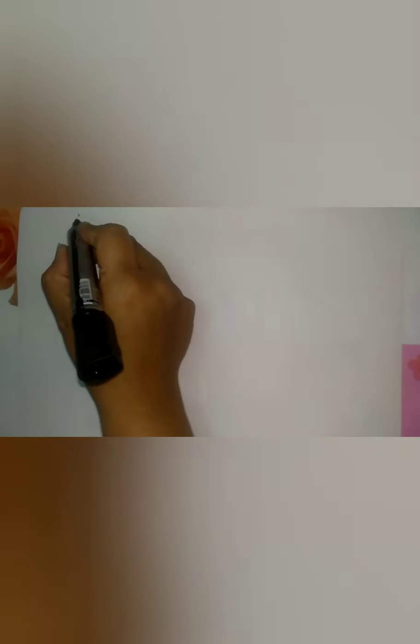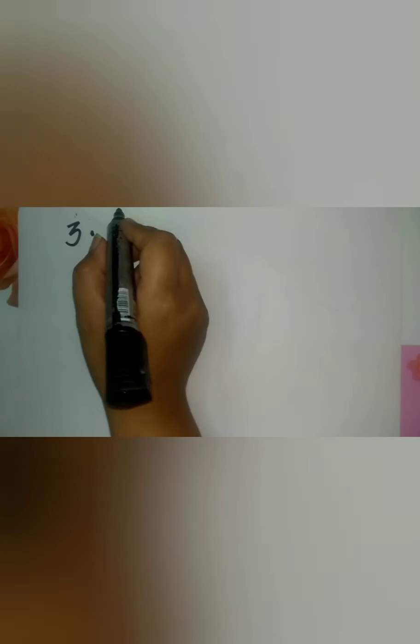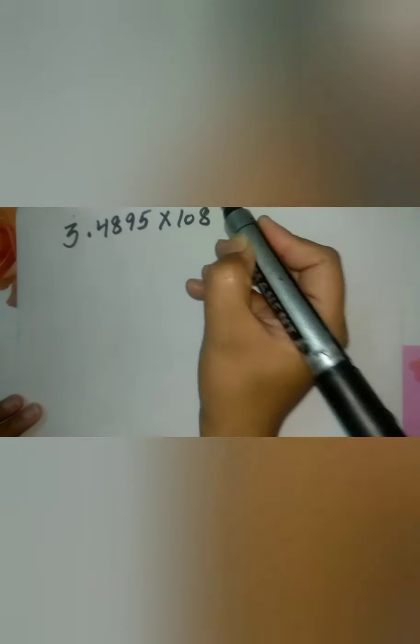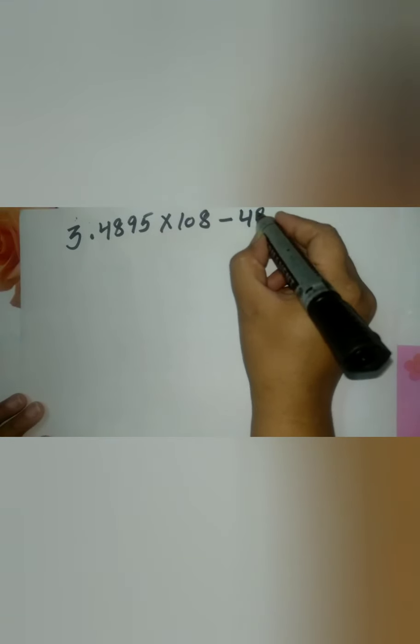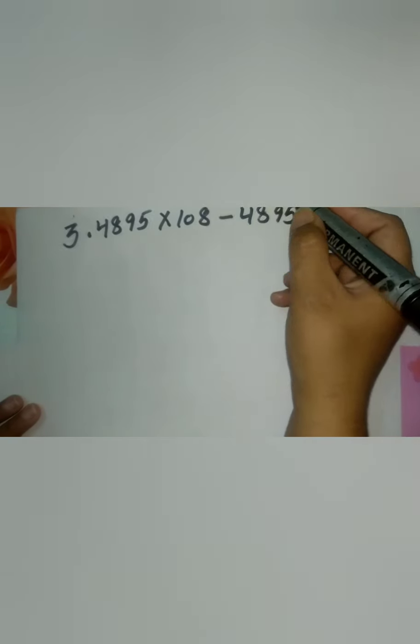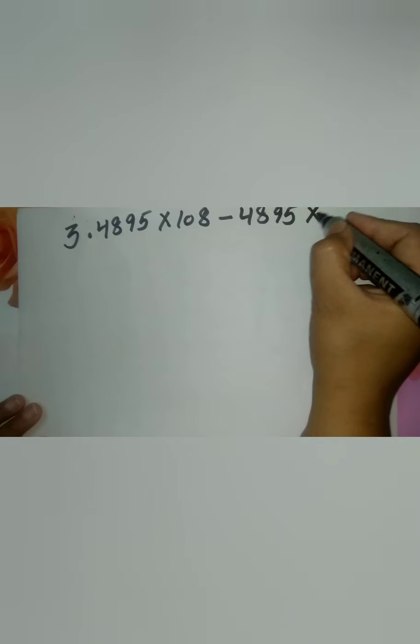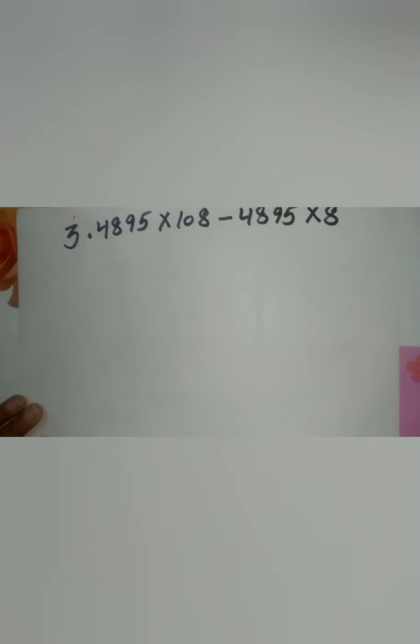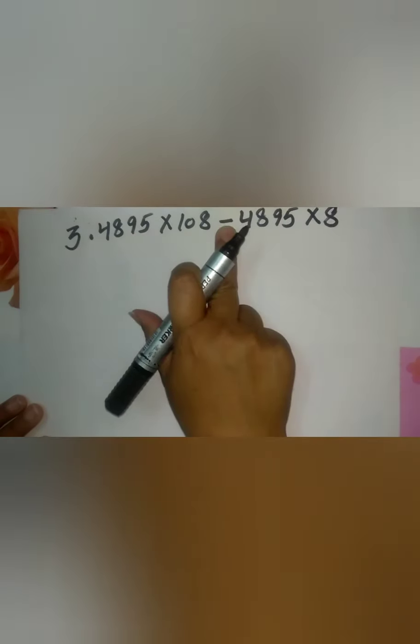Example number 3. So what is example number 3? Just see. 4,895 multiplied by 108 minus 4,895 multiplied by 8. Now again just see, the relation is subtraction.